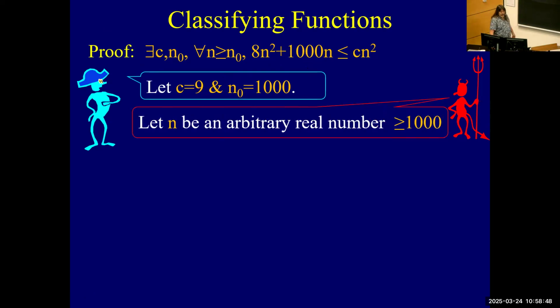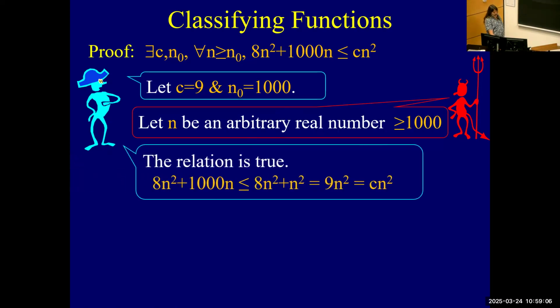And then the adversary comes up with an arbitrary number, but it has to be bigger than my n naught. It has to be bigger than my 1,000. I say a real number here, but usually we're over the integers. I don't know why I put real in there. And then we have to check that this is true, and you crank it out and it's true.